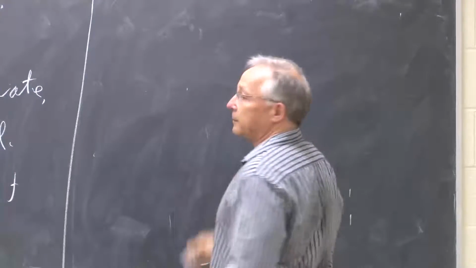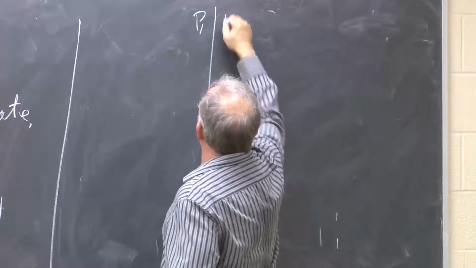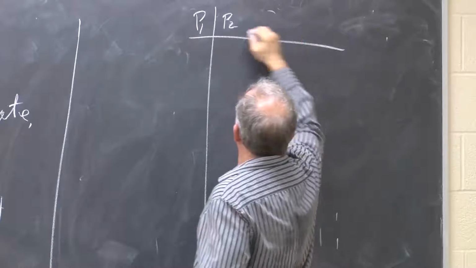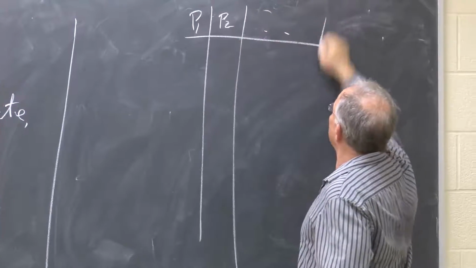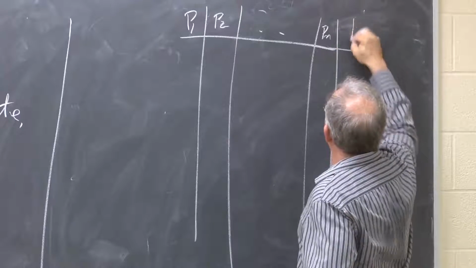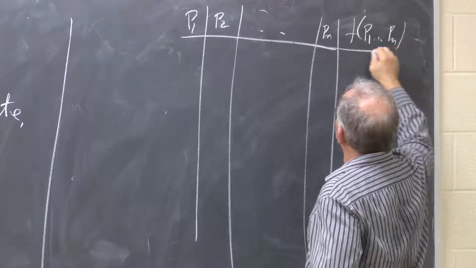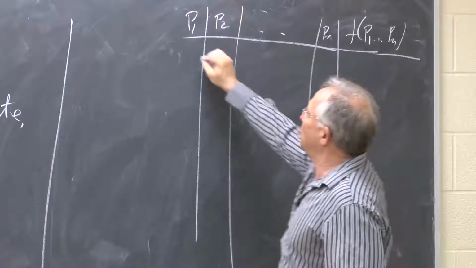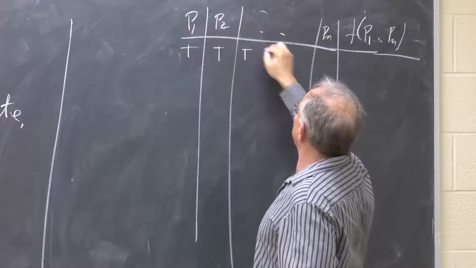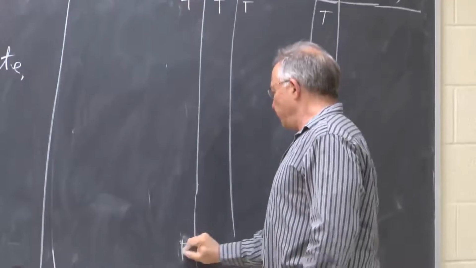So what does it mean? Say f is a formula with n variables. So I'll write here p1, p2, up to pn. And here I'll write f of p1 up to pn. And I'll have here all the possible values from true, true, to everything false.